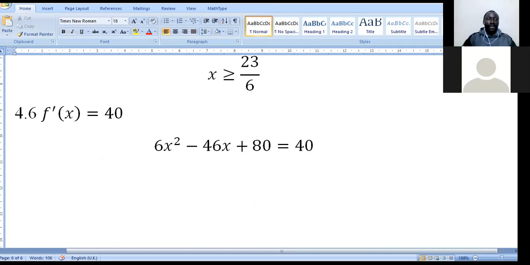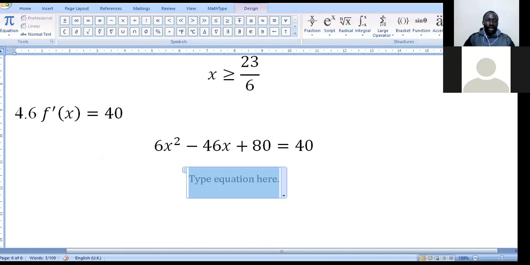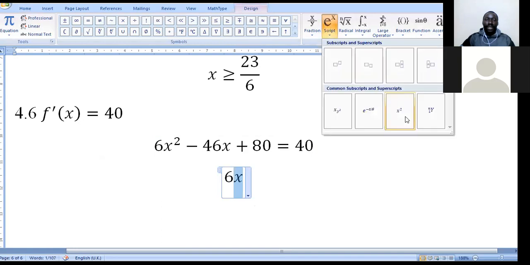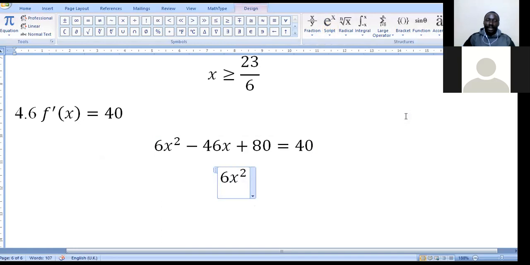So we just have to find the value of x from here. I guess this is something you can now handle. This is 6x squared minus 46x plus 40, not minus, plus 40.